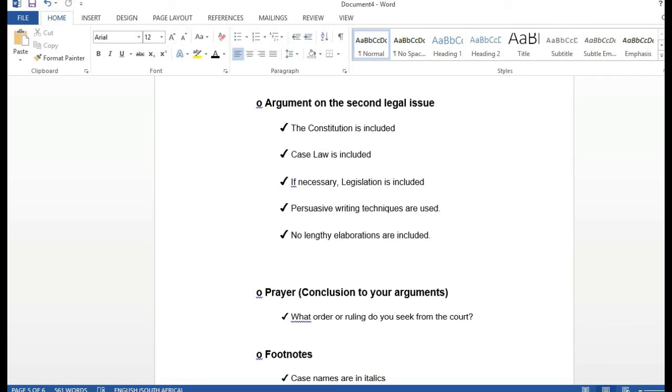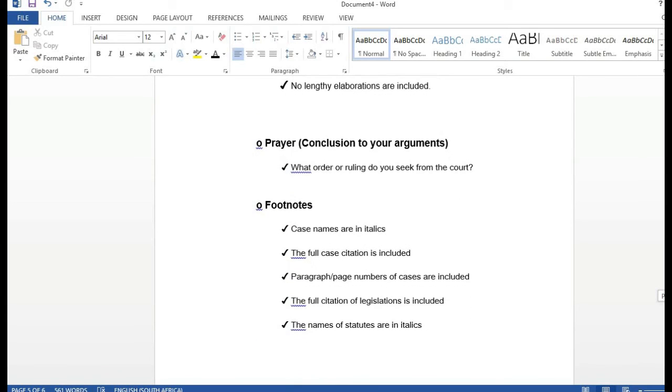For the prayer, it's a bit more specific, and for example, like we said, you need to conclude every argument with a summary. Then your prayers will look like, for example, a court order, or it's a section where you're asking the court for specific relief for certain actions.